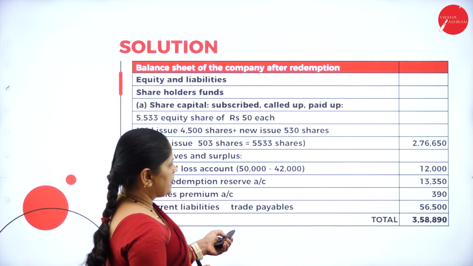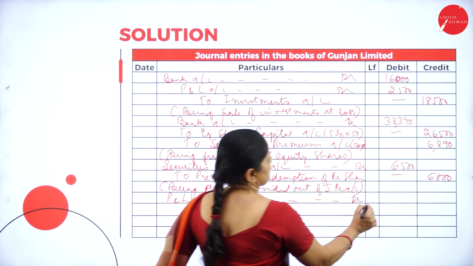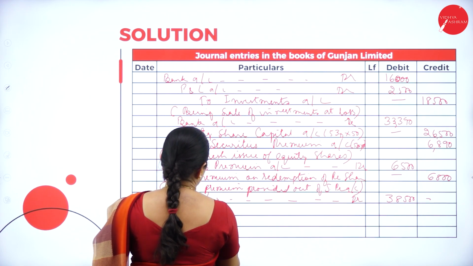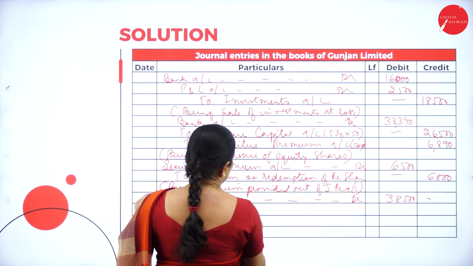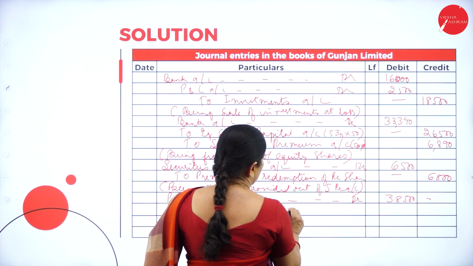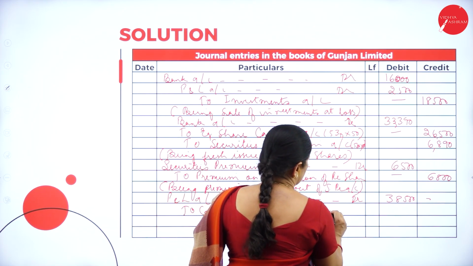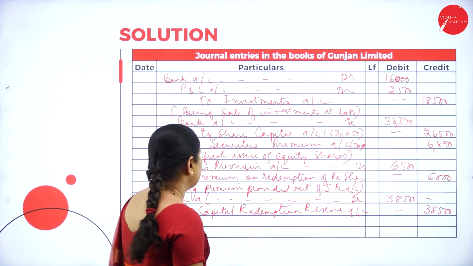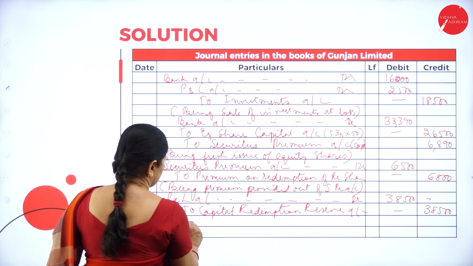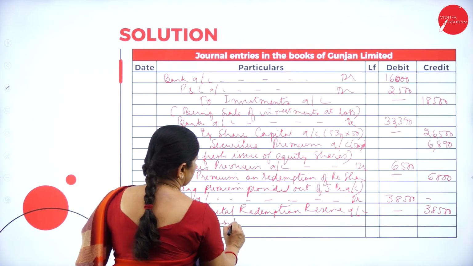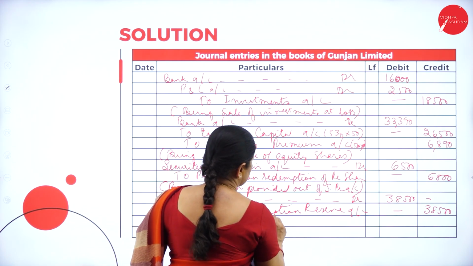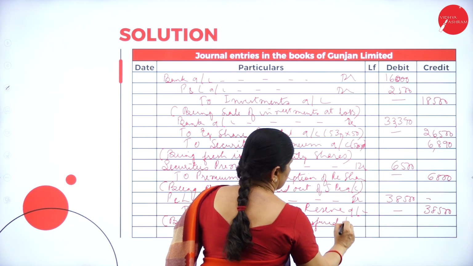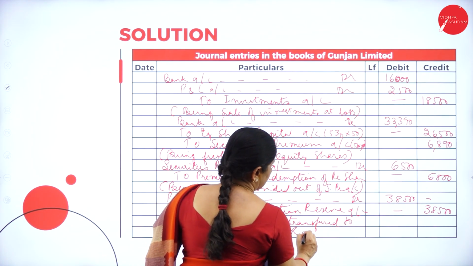So profit and loss account debtor 38,500 to capital redemption reserve account, being divisible profits transferred to CRR account.